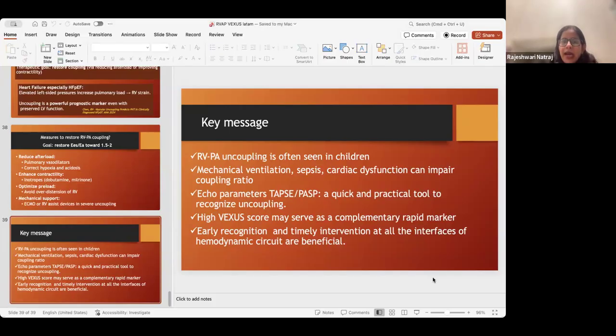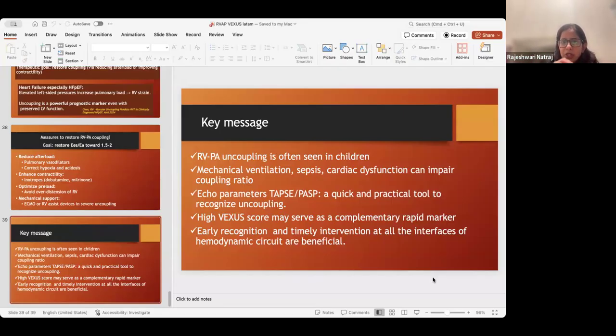So once you find a high VExUS score, we need to look deeper into the entire circuit, whether it is RV dysfunction, whether the PA pressure is high, or both, and treat each component. It's not just one, either PA pressures or RV dysfunction.